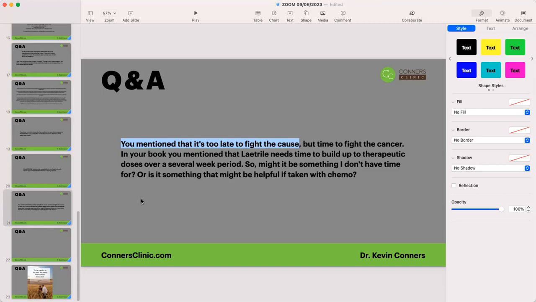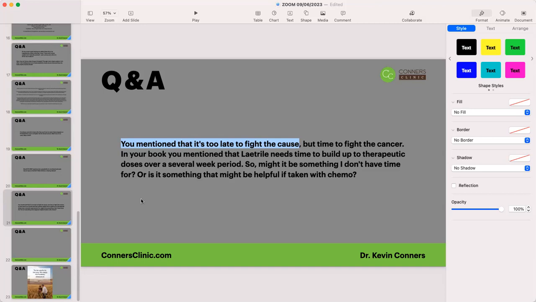Now, getting rid of the cause is important. You detox that, you get rid of that, so it doesn't get in another cell and cause cancer again, a totally different cancer. So it's so important to deal with the cause. Plus, cause is more than just what specifically damaged the DNA.